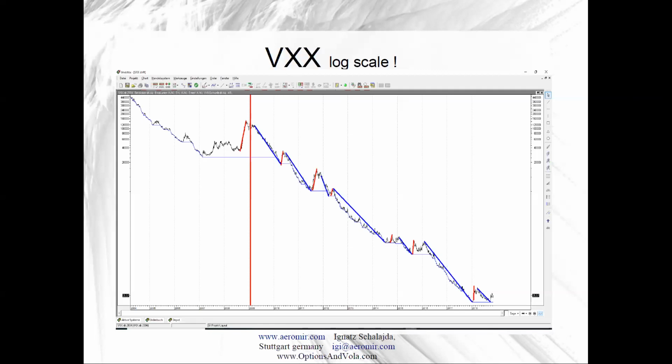I'm still very confident that my system will work, because when I'm in an uptrend, I go out here. I don't ride dead horses and hope that the trade will come back, because you will not win, because this time is much too long, and you will lose a lot of time value.